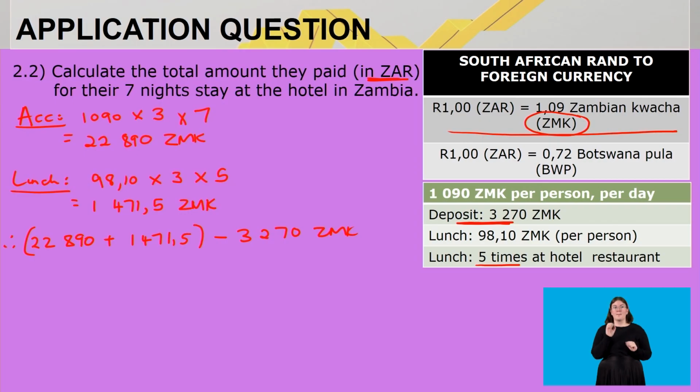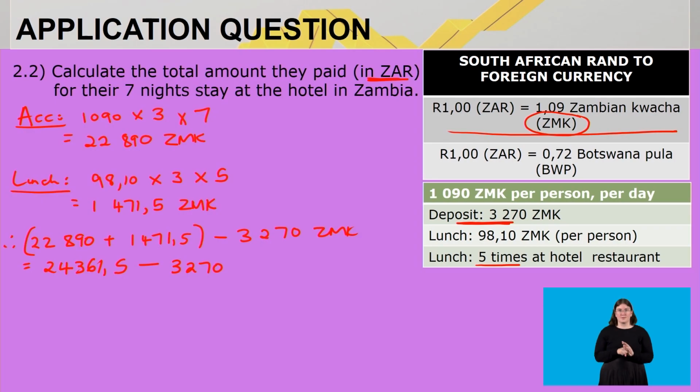Okay, so let's do this calculation. 22,890 plus 1,471.5. That alone will give me 24,361.5 ZMKs, right? I'll write it out for you. So it's 24,361.5. Now I'm going to subtract my deposit of 3,270.